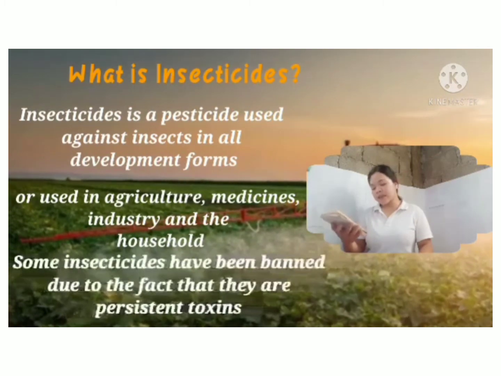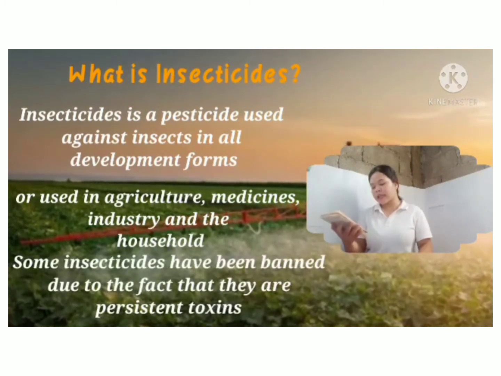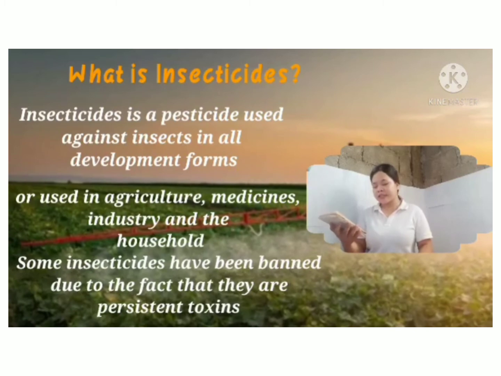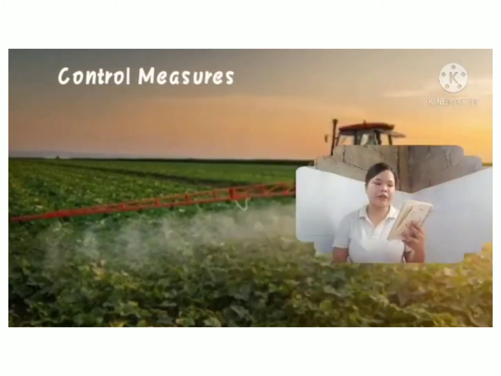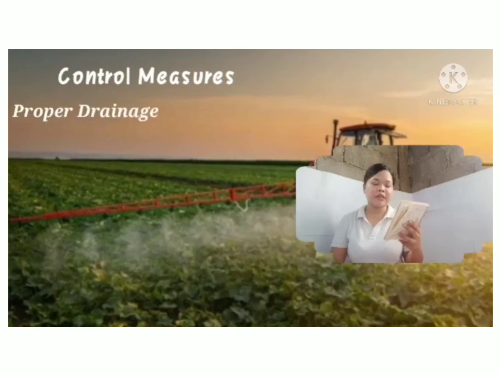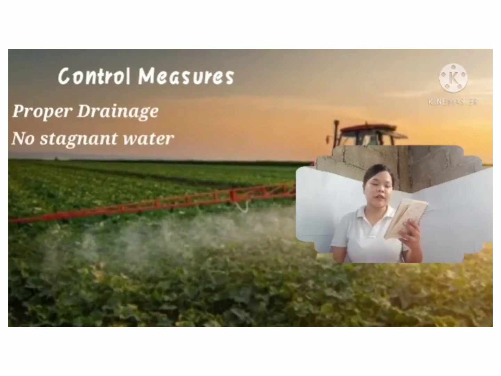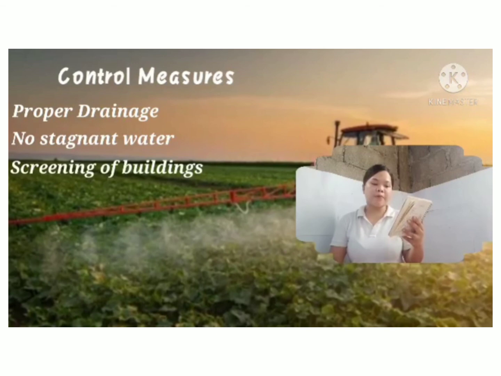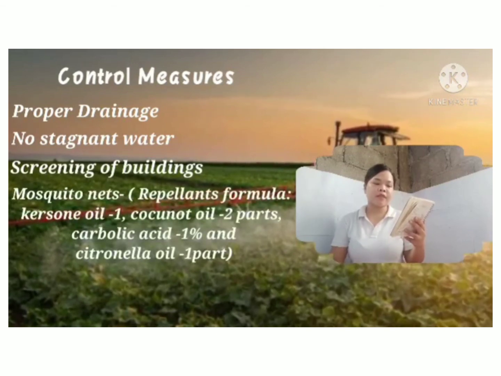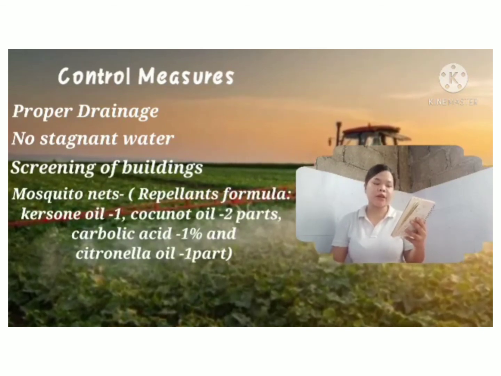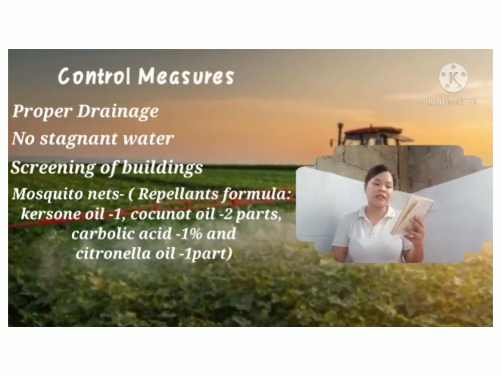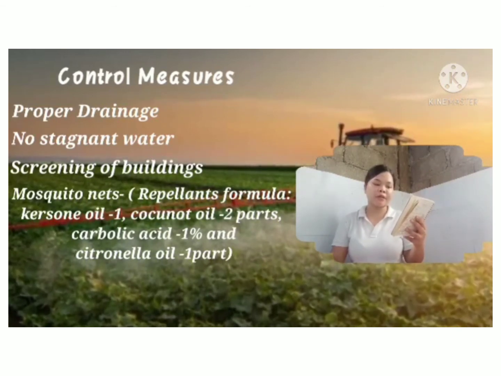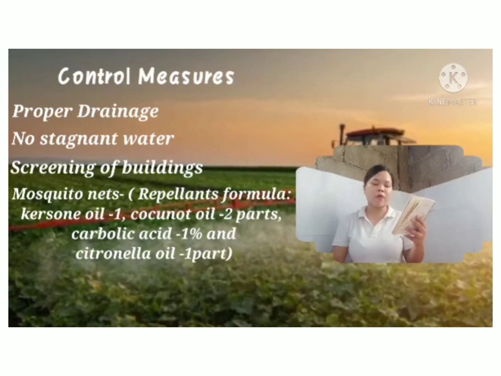Some insecticides have been banned due to the fact that they are toxic. Control measures: proper drainage, no stagnant water, screening of buildings, mosquito nets, repellents. Formula: kerosene oil 1 part, coconut oil 2 parts, carbolic acid 1%, and citronella oil 1 part.